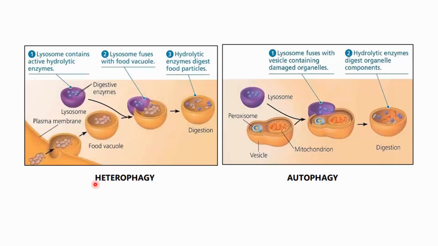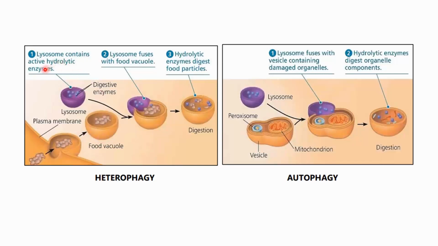In the case of heterophagy, suppose this is a food particle, shown here in brown color, that comes and is taken up by the cell. It is taken up by the process of endocytosis, leading to the formation of a food vacuole inside the cell. Now, to digest this food we need hydrolytic enzymes.